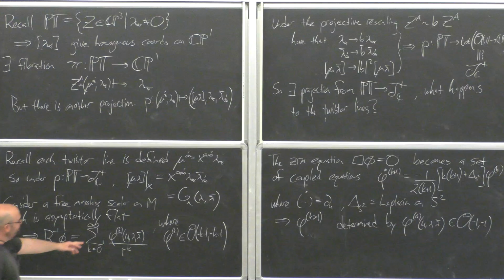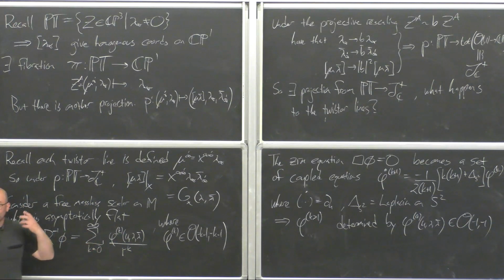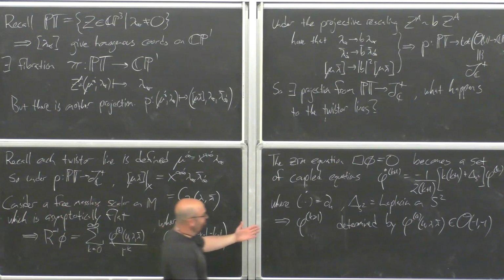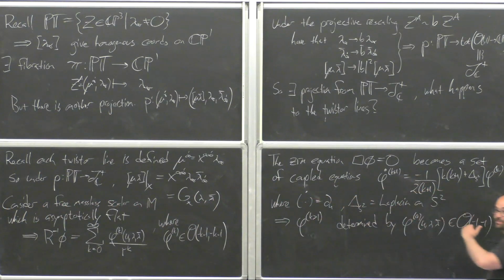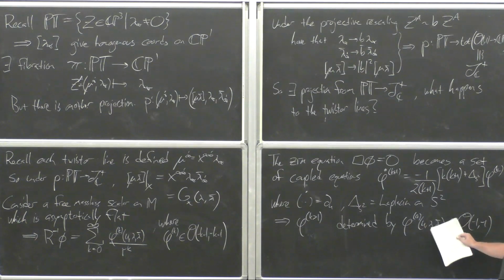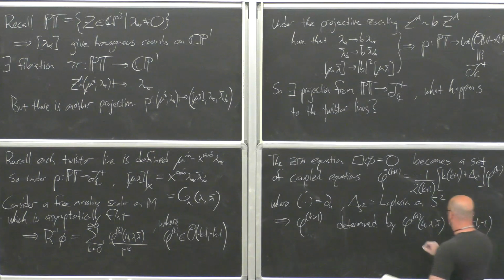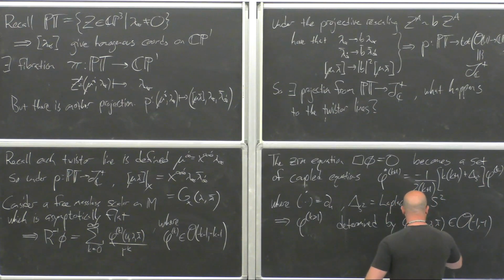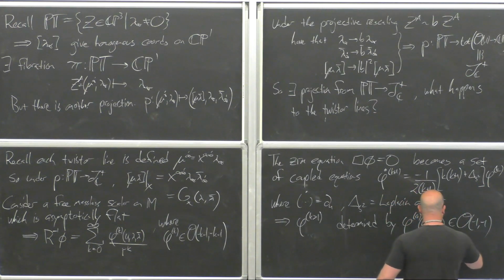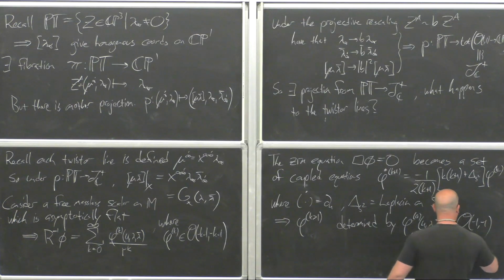The coefficient of the leading 1 over R falloff is what we usually call the free radiative data of the field, right? It determines, up to functions of integration, things that are in the kernel of this differential operator on the sphere, all the others. So the only one you get to choose freely is the leading one. So this is called the free radiative data.